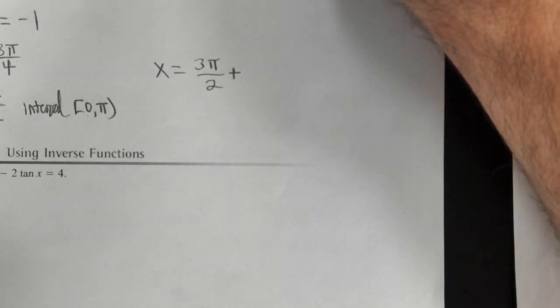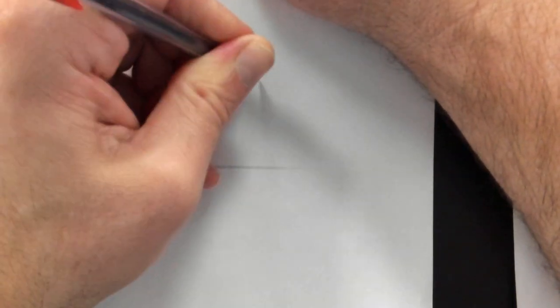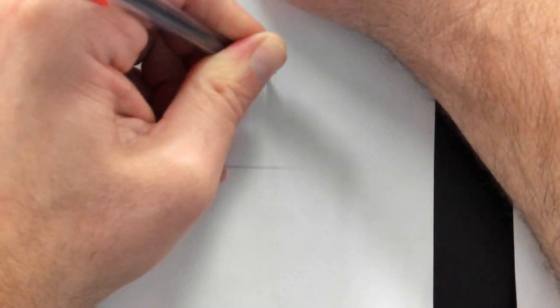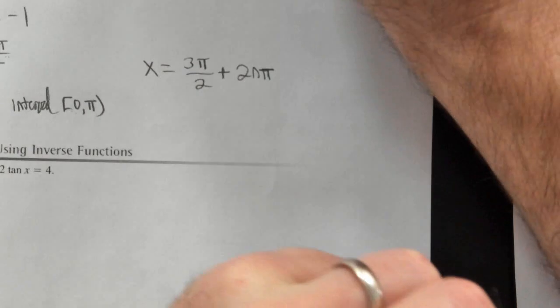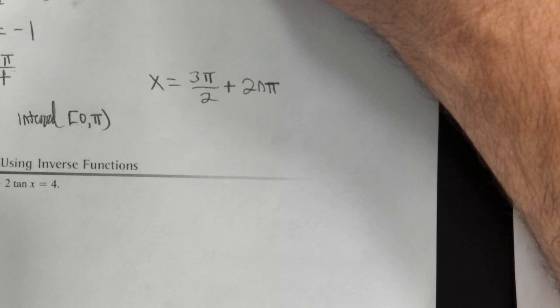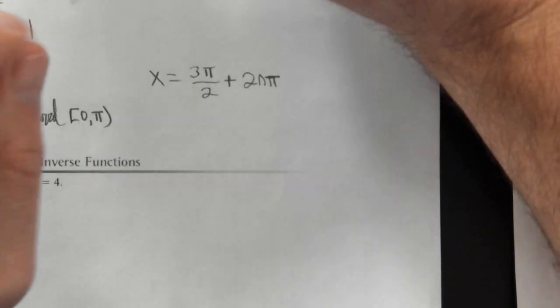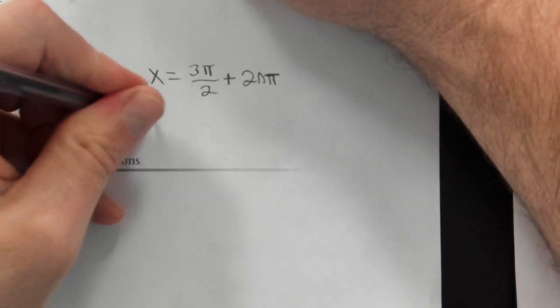I multiplied by 2 to get this. So now I'm going to have to multiply the period by 2, and that's going to become 2 pi n, or 2n pi, I should say. So don't forget to make the adjustment. Whatever you do to the angle to get the x, do the same thing to the period to make the adjustment. Okay, that's your general solution.